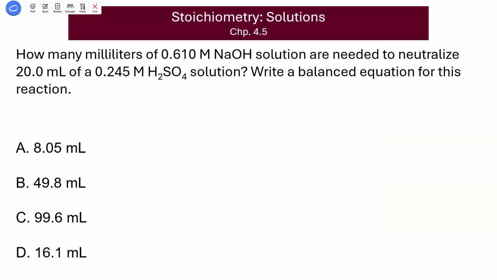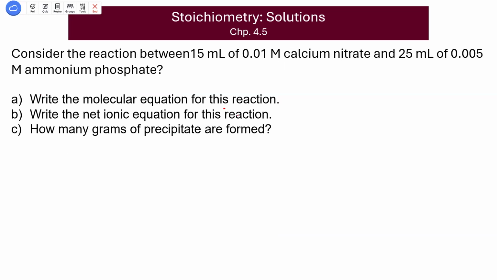So to get started, we left off last class talking about stoichiometric solutions, and we did this as an iClicker. So we will just go through this together just to finish off our discussion at the very end. So we talked about the balancing of this equation. So we have sodium hydroxide, and we have H2SO4.